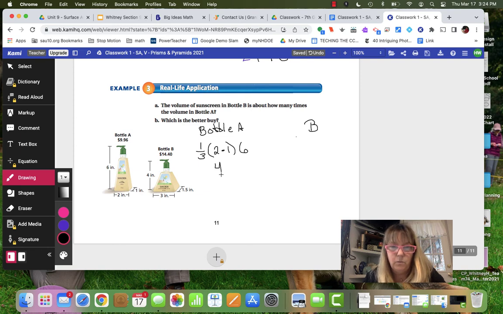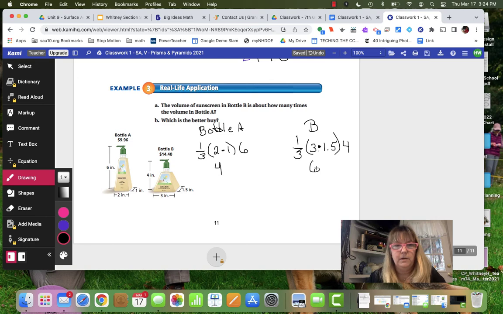Bottle B is 1/3 times 3 times 1 and 5/10 times the height, which is 4. When we multiply all of that together, we get 6.